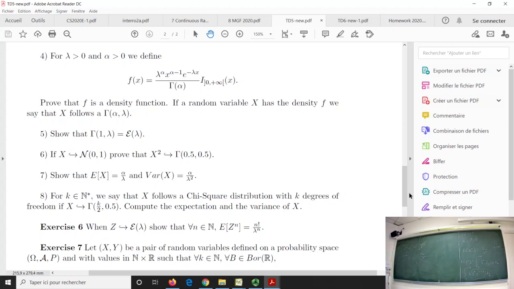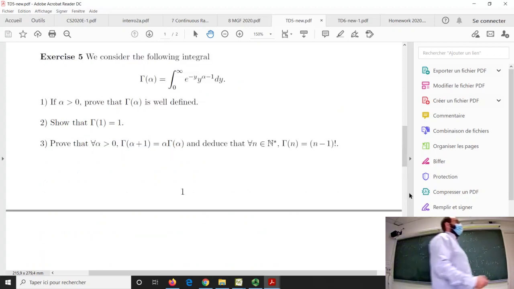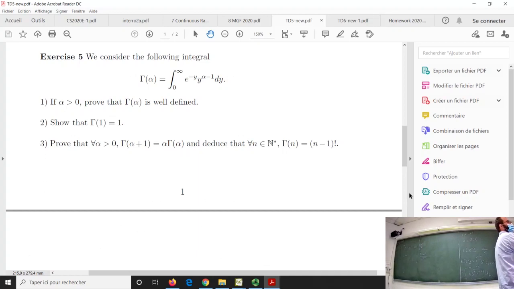Okay. What is gamma of n plus 1? I have done the job in question 3. Gamma of n plus 1 is equal to n factorial. And finished. n factorial over lambda to the power n plus 1. So it's the part in red that I integrated, and I obtain this one. If I multiply by lambda, I have exactly what I want.